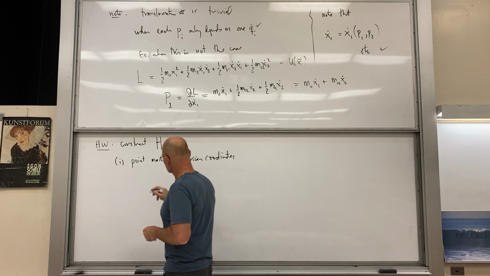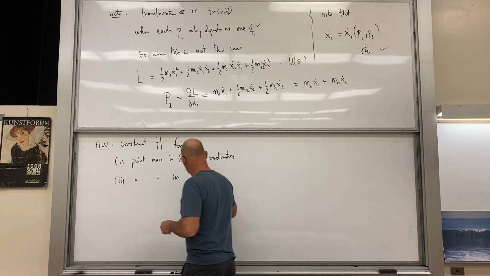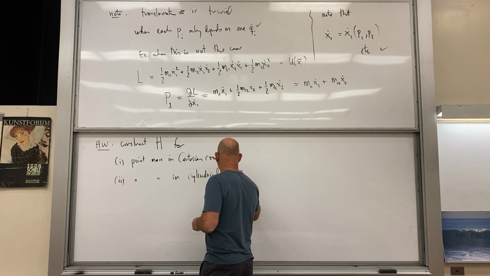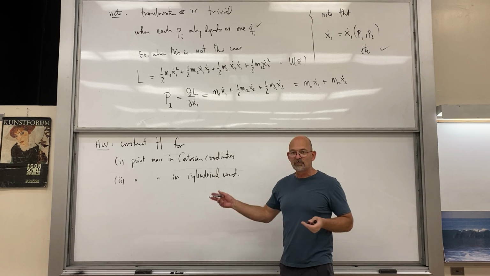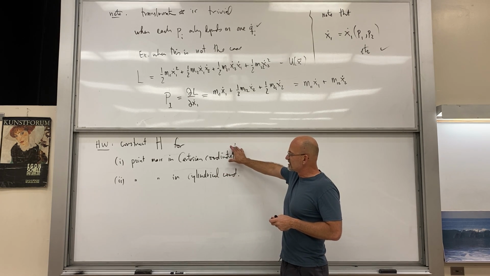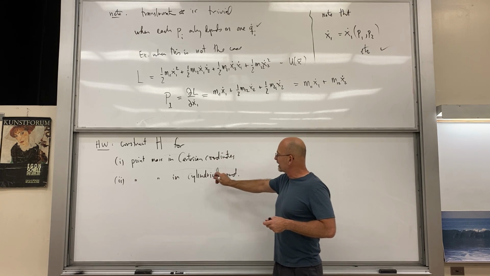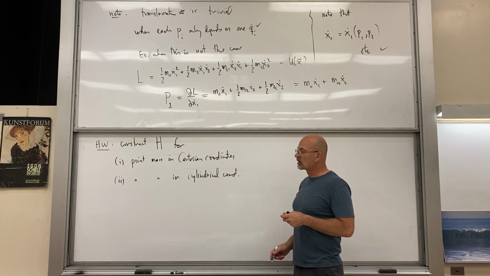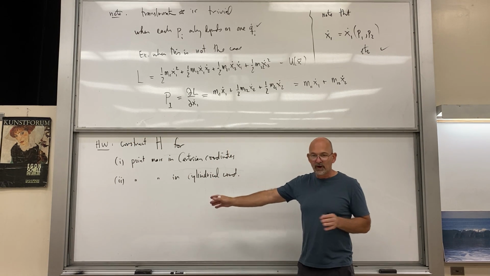Pretty trivial, and a point mass in cylindrical coordinates. We already have it for plane polar coordinates, like I said before, because it was a central force problem. So in Cartesian coordinates, you just have 3 p squareds, x, y, and z. And for cylindrical coordinates, you take your plane polar coordinates and add the z coordinate. Like I said, you just leave the room in your notes and fill that in.